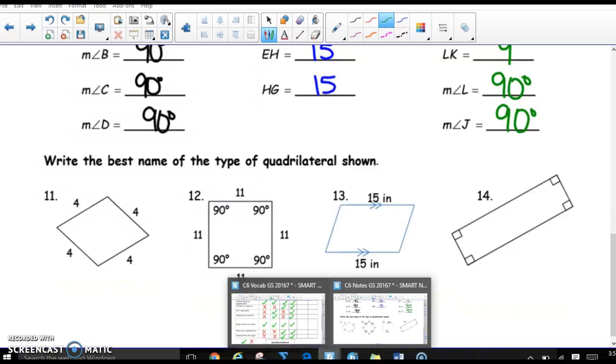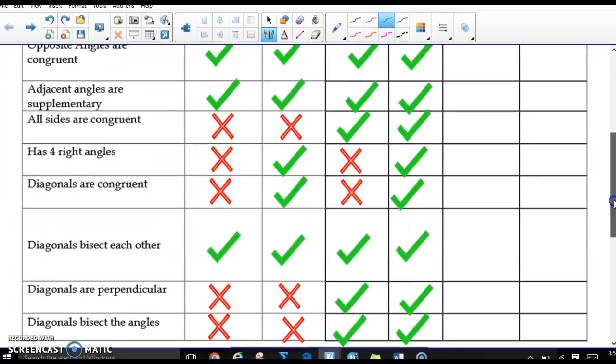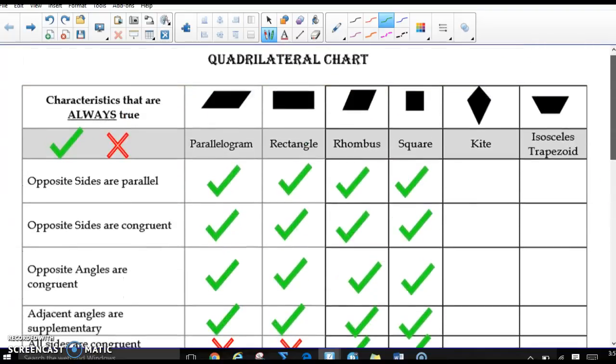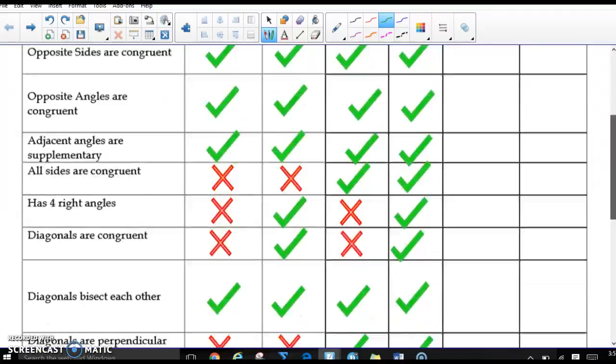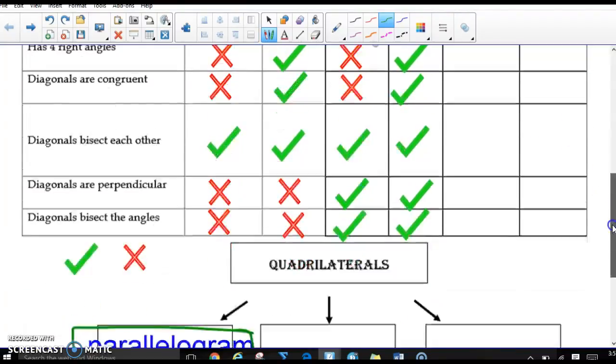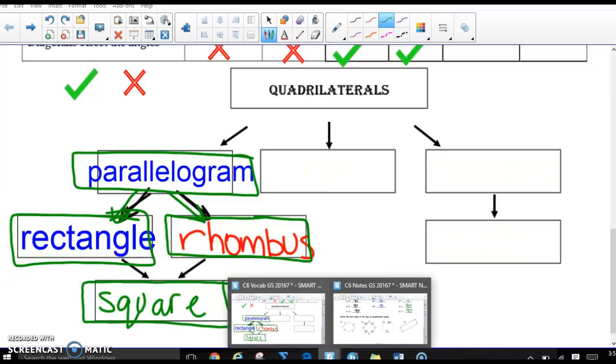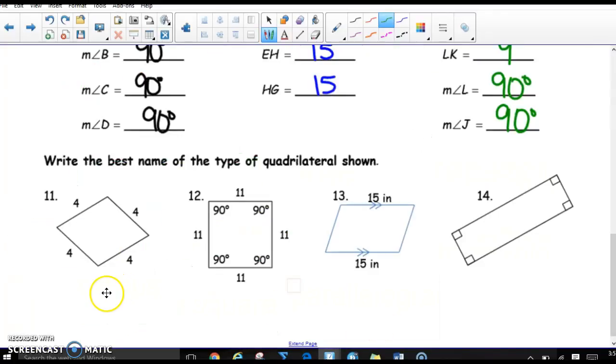The best shape that I can name, the most specific that's allowed without making any assumptions: if I have all sides congruent, that's this one right here. That's a rhombus. A rhombus is ahead of the square. So the rhombus is the first shape that has all sides congruent without making any other assumptions. So the answer to this problem is going to be rhombus.